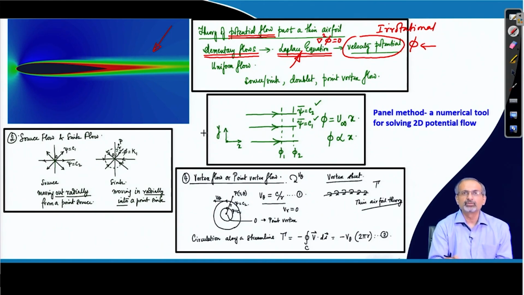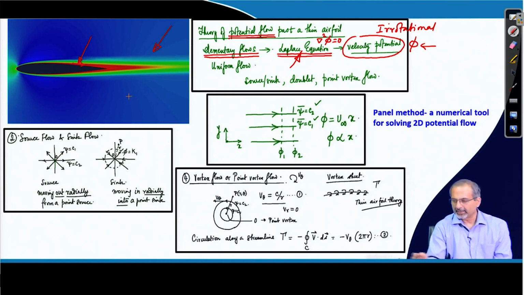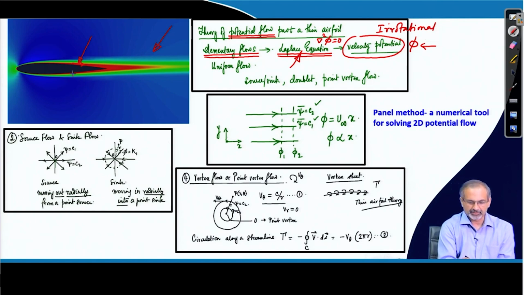And you need to know that if you are solving potential flow past an airfoil, what kind of boundary conditions are you going to apply? For example, you remember that this is an inviscid flow, therefore, the flow can slip on the body. So, the flow can have a tangential component on the surface, right.